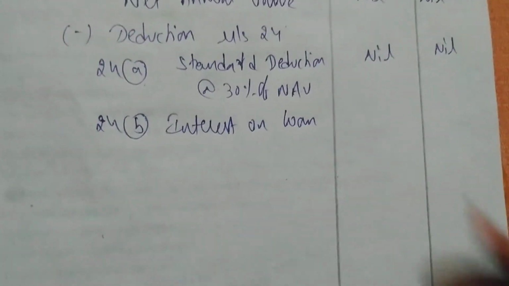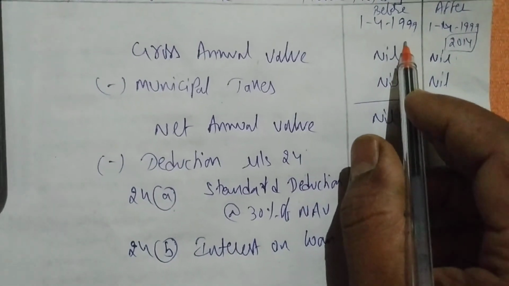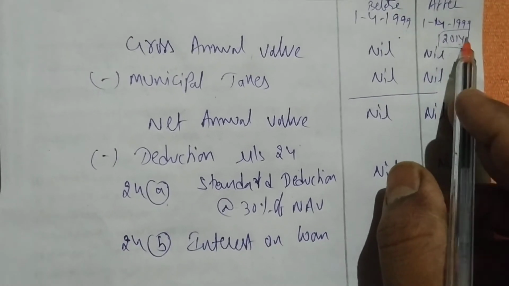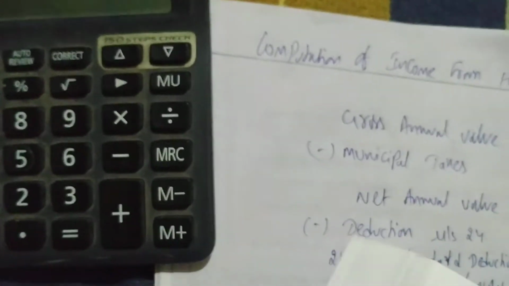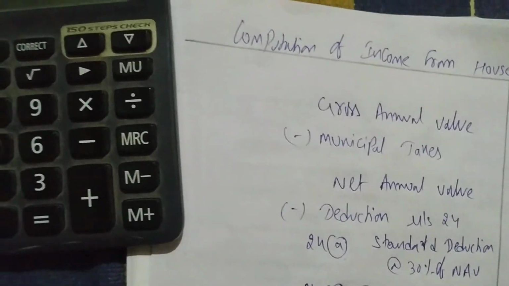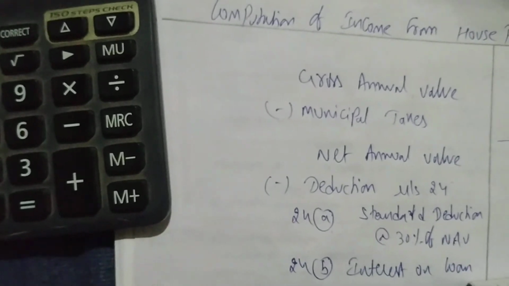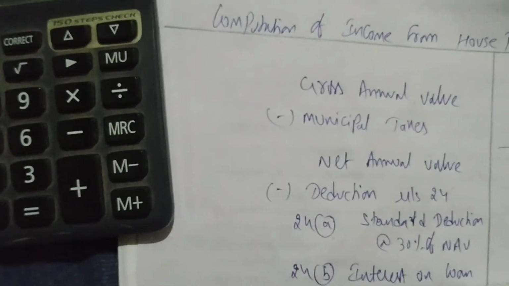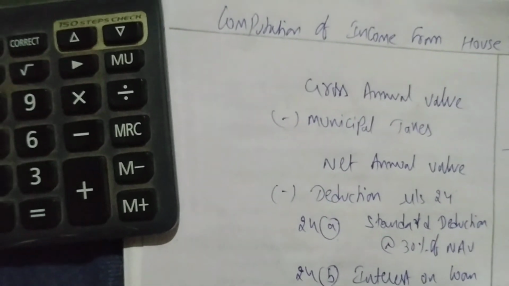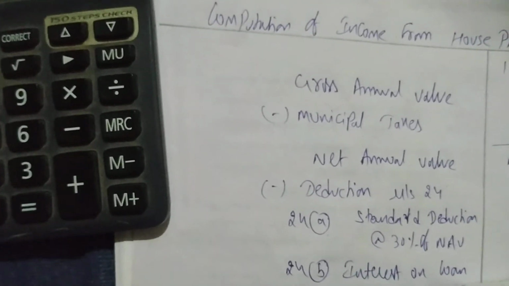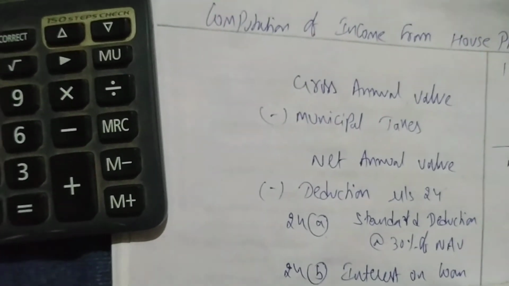Here you have to be careful. Okay. A condition. It is taken before 1/4/1999. It is taken after 1/4/1999. So how much is interest on loan? The interest on loan is, wait for a minute.